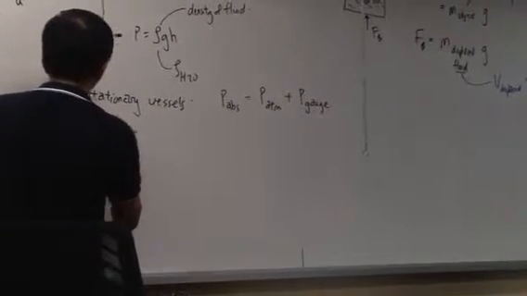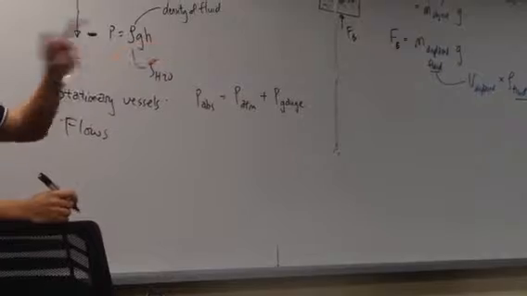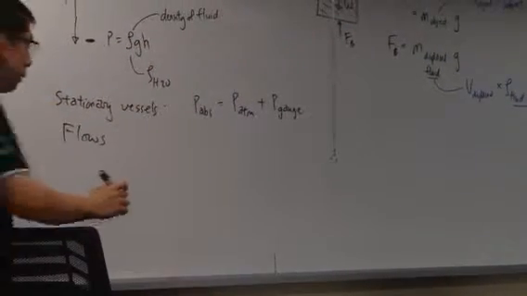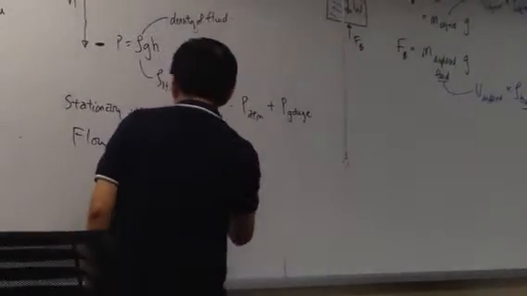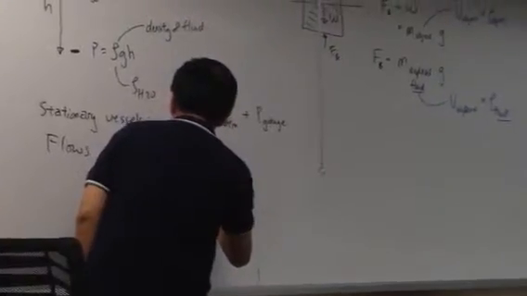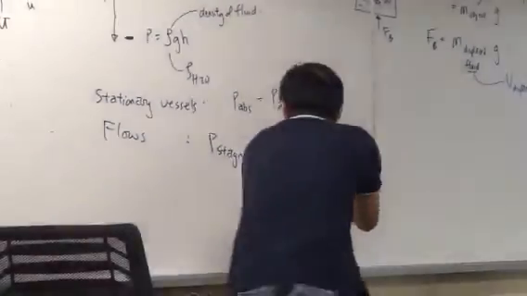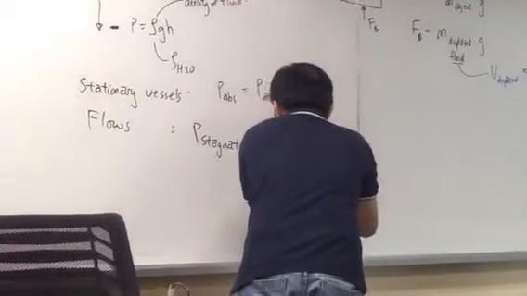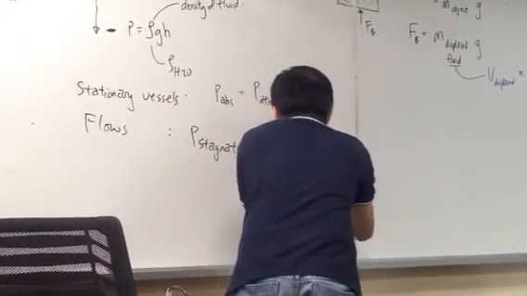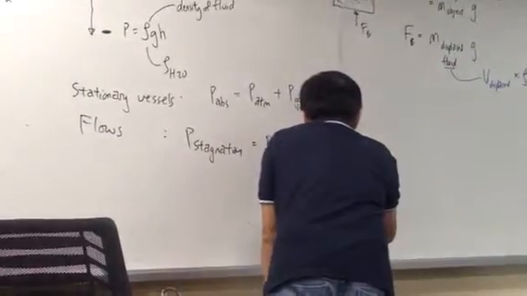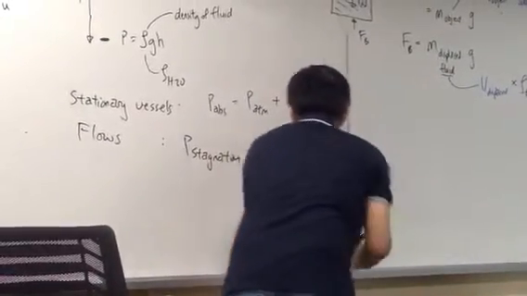And the other one involves flows, which means you have fluid that moves at a certain velocity. Then this will be stagnation pressure, which is total pressure, equals dynamic pressure plus static pressure.